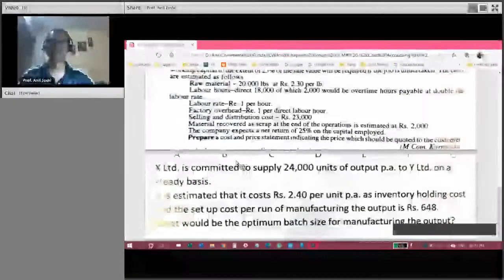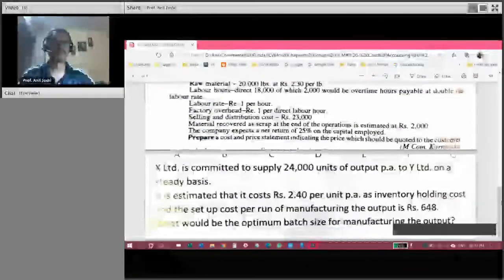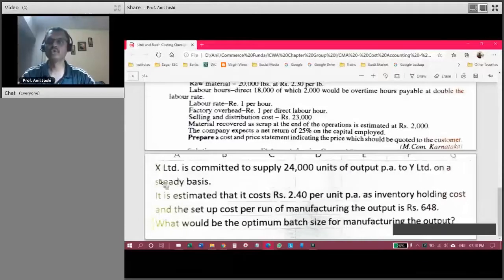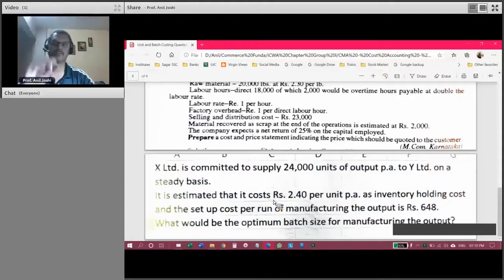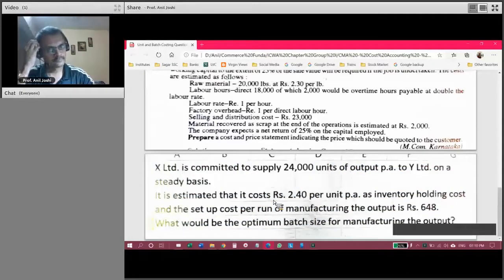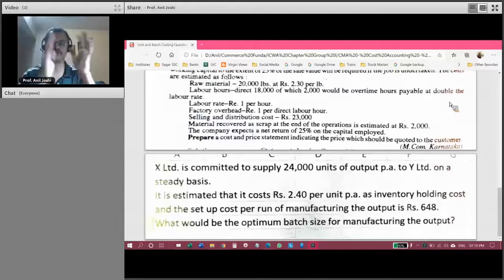So go to this last question, this one. Now, while you are reading it, first complete the reading.